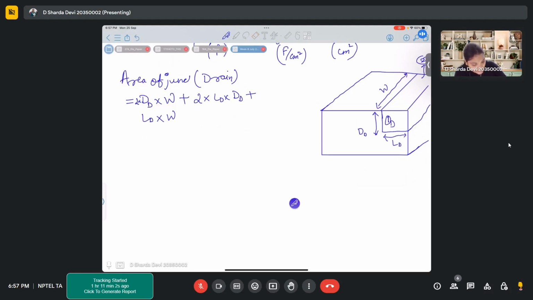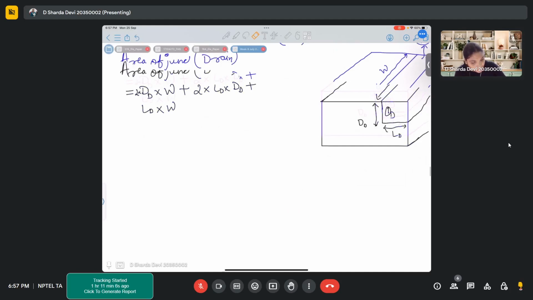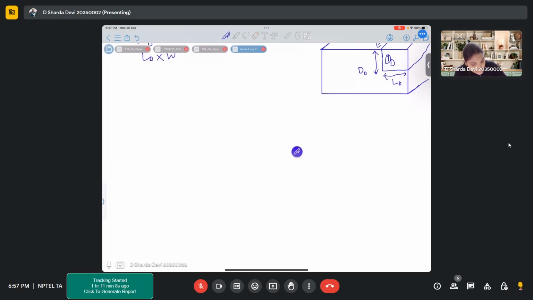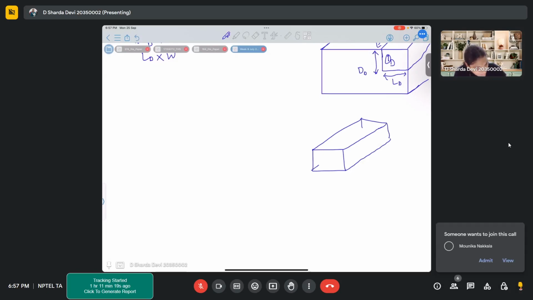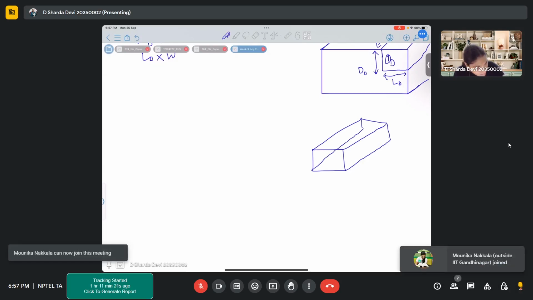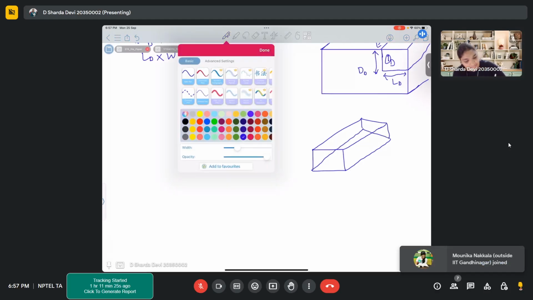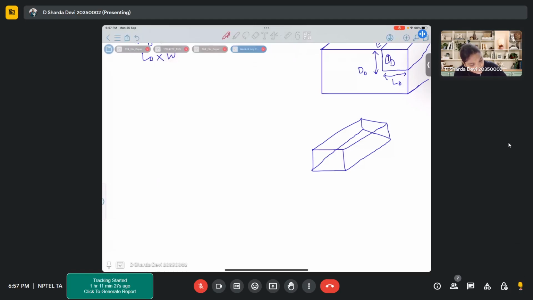If we observe very carefully, we have a total of 6 faces, right? So the first face, which is the front one, the opposite one is 2.